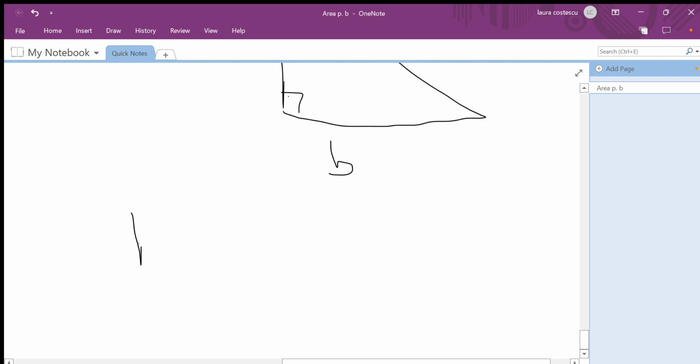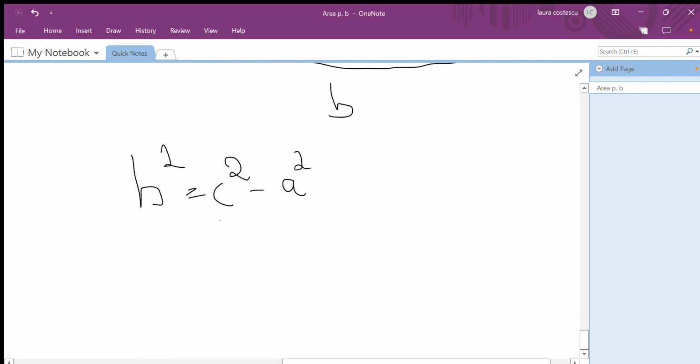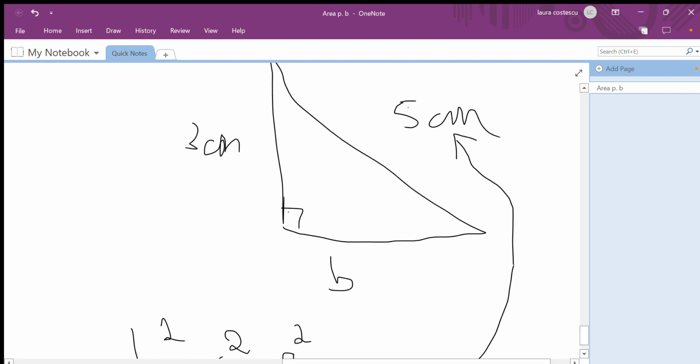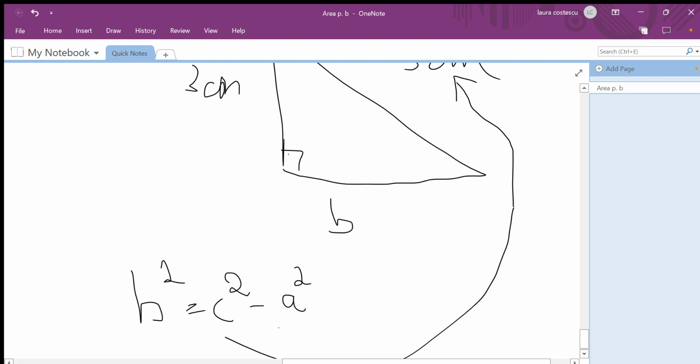You know, b squared equals c squared minus a squared, and c squared of course is going to be the higher value, because c is going to be 5 and a is going to be 3, right?